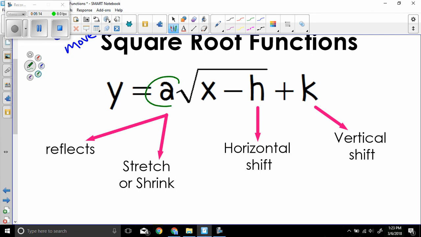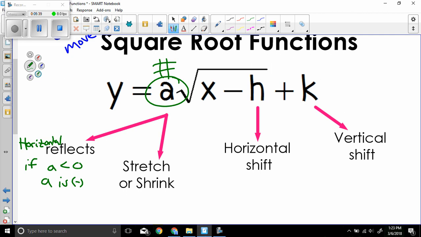This A value right here, whatever number is stuck out front here, will either determine my horizontal reflection, and that is if A is less than 0. So if A is negative, if it's a negative value, it's going to reflect.